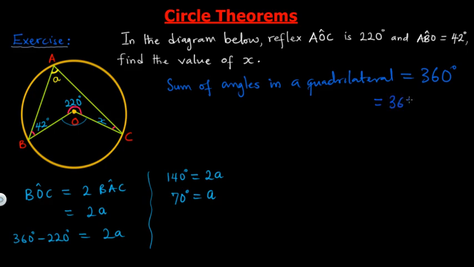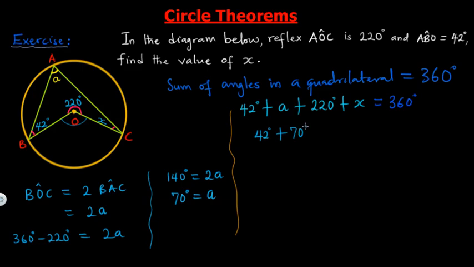So 360 degrees equals the sum of the angles in a quadrilateral, which is going to be 42 degrees plus A plus 220 degrees plus X. Since our interest is to determine the value of X, we have 42 degrees plus A, which is 70 degrees, plus 220 degrees plus X equals 360 degrees.